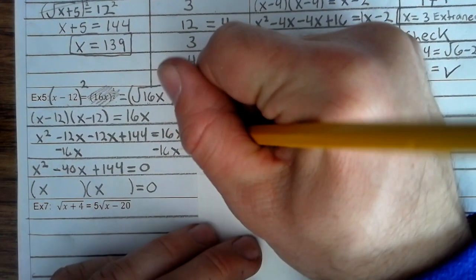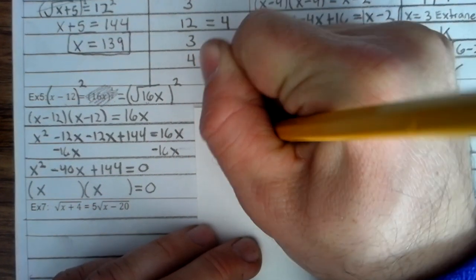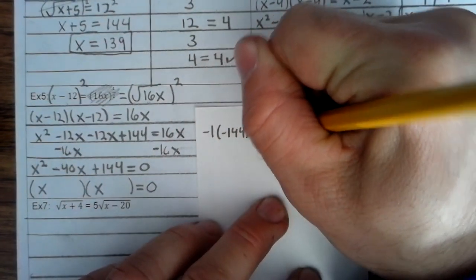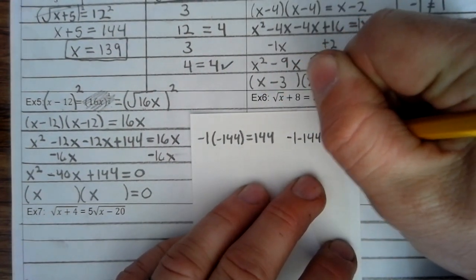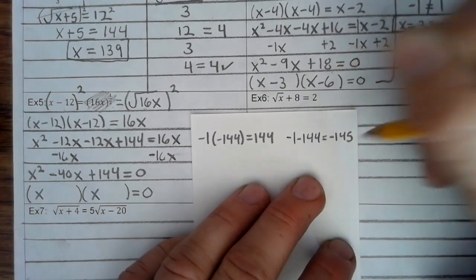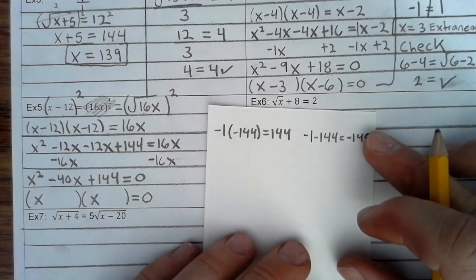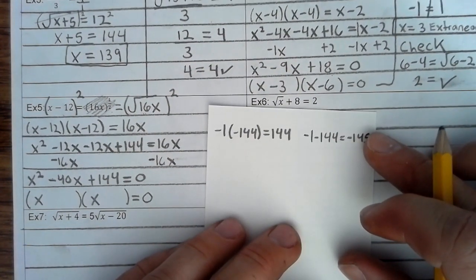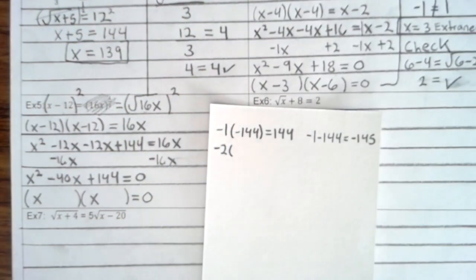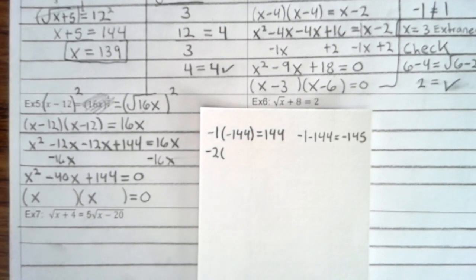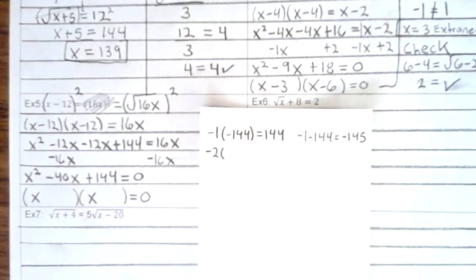So we know that negative 1 times negative 144 is positive 144. Negative 1 minus 144 is negative 145. That didn't work. Negative 2 times, and now at this point the number's kind of big, so I'm going to use a calculator to find all my combinations.